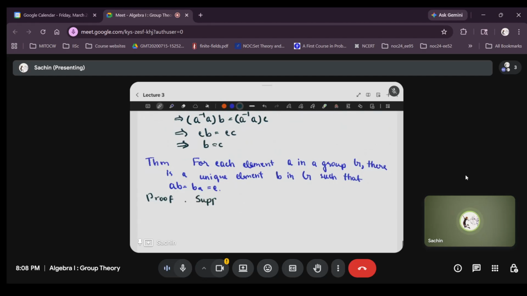So suppose this is not true. That is, suppose B and C are both inverses of A.